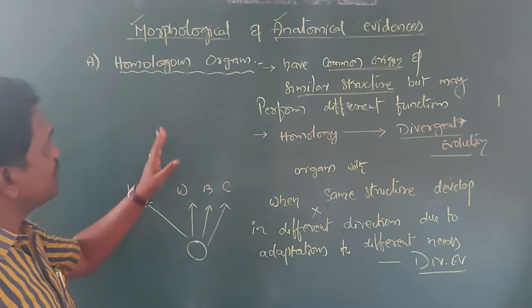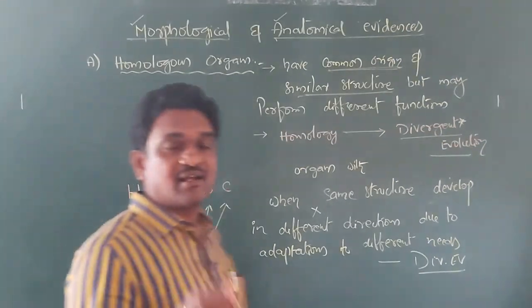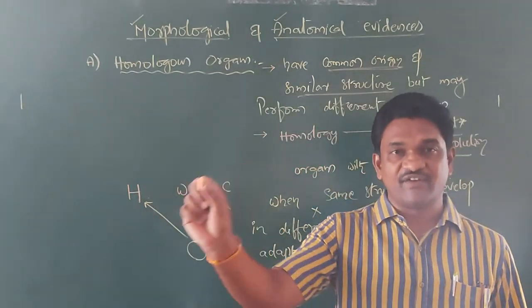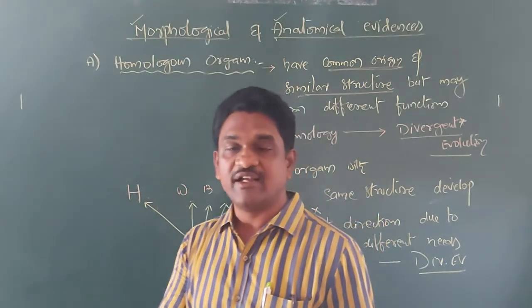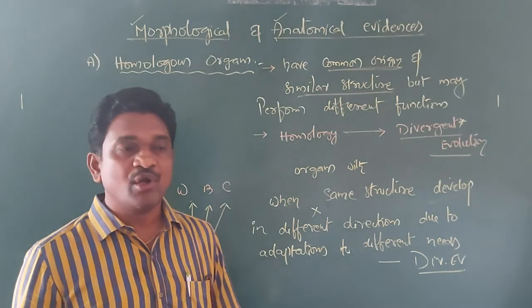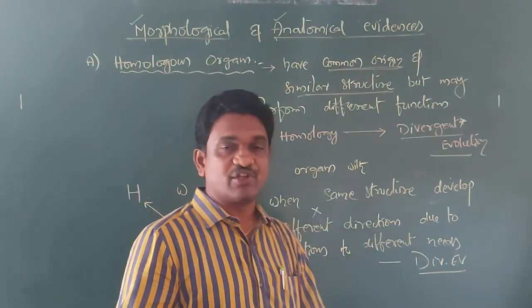Okay, this is about homology. I repeat the important points here. Homologous organs are organs with the same structure but performing different functions. The structural similarity in different organs of organisms is called homology. Homology indicates which evolutionary process? Divergent evolution.